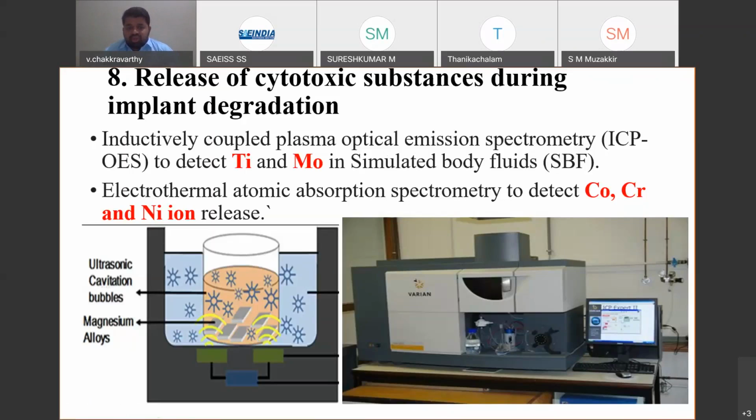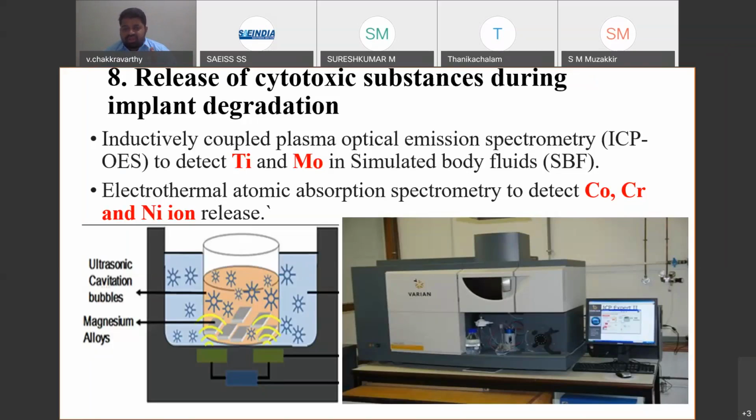Through this technique, we could detect whether titanium or molybdenum is released in the simulated body fluid environment, how much quantity of titanium and molybdenum was released, and in what weight percentage. There are certain criteria: a maximum of 10 milligrams per liter of titanium should get released in one day.